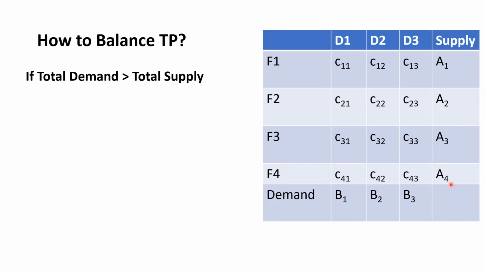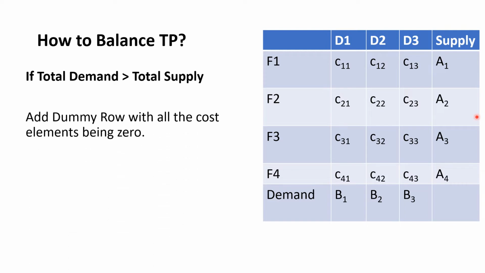Since the A side is coming less, you have to increase A. That means you have to add a dummy row with all the cost elements being 0 and the supply being the difference between the summation of B's minus the summation of A's.